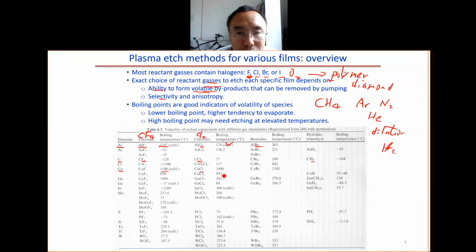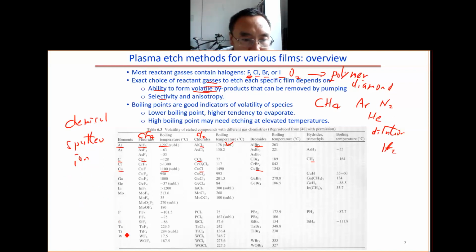The chlorine byproduct also has a very high boiling temperature, so it's also difficult. For bromine gas, it is the same thing. So for copper, we cannot etch chemically. The chemical etching of copper will be difficult. What we can do is rely on the ion bombardment to etch away the copper.